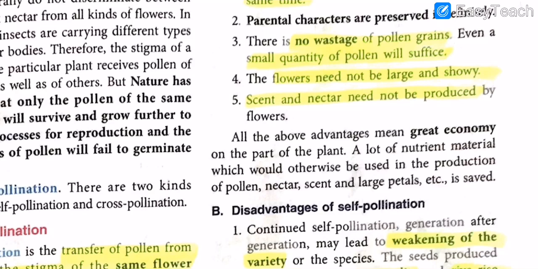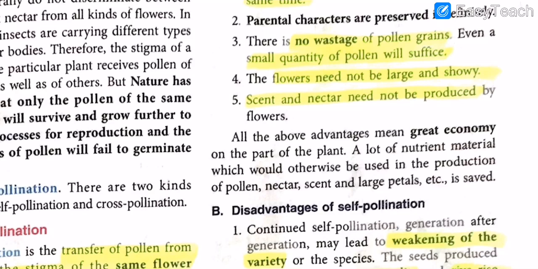So basically what they're saying over here is, self-pollination generation after generation may lead to the weakening of the variety. Since it's on the same plant, if even one plant has a defect, generation after generation, the same plant will again have a defect. And it's self-pollination, so that's a big downside.